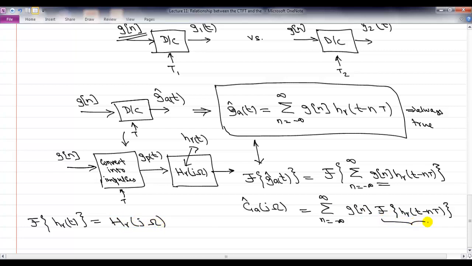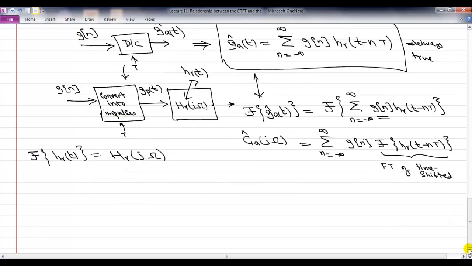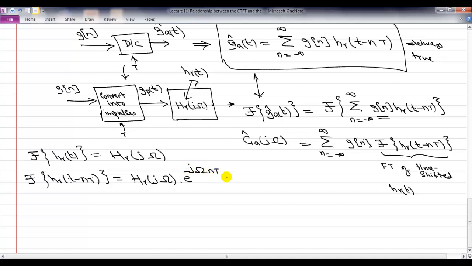So what is this thing? This is the Fourier transform of time shifted HR of t. Since the Fourier transform of HR of t is HR of j omega, the Fourier transform of HR of t minus nT is simply going to be HR of j omega times e to the minus j omega nT.